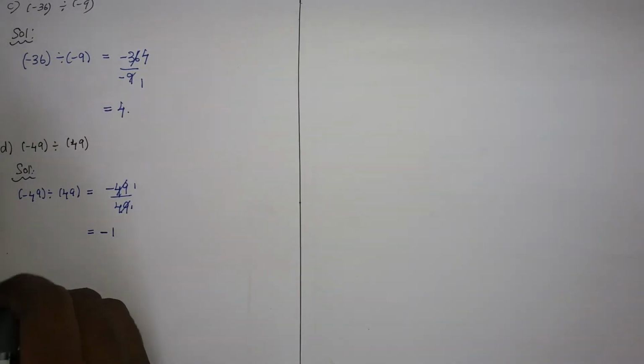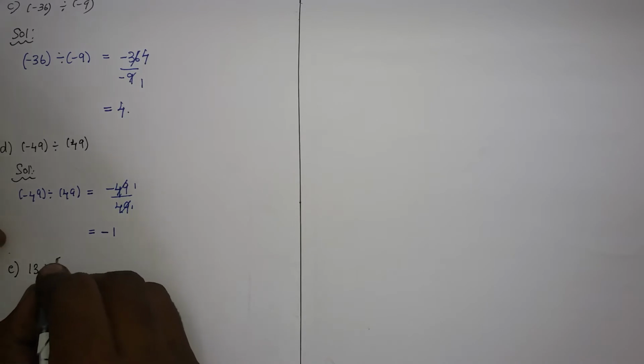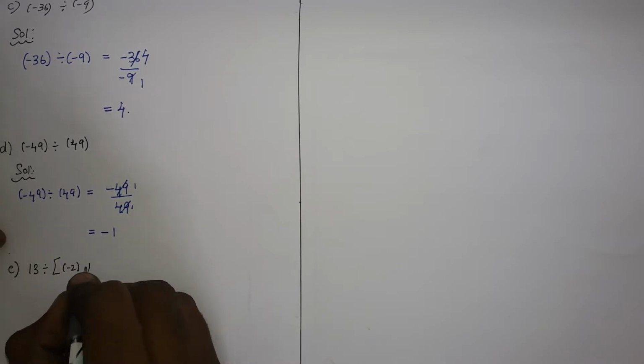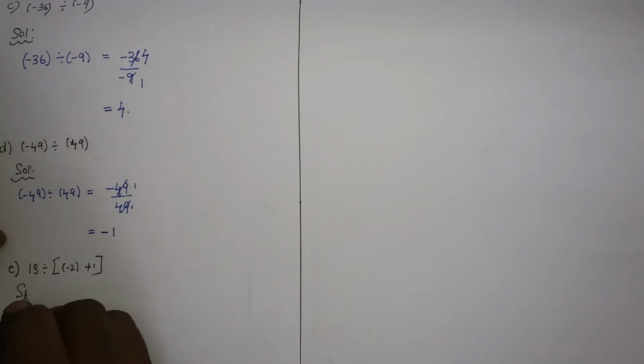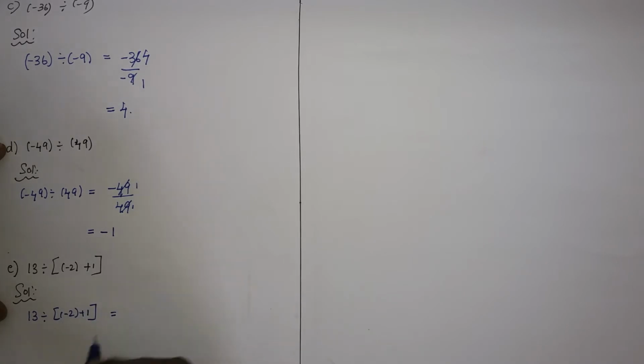Okay, we move to the next sum, that is the E sum. My E sum will be 13 divided by minus 2 plus 1. So here my solution will be 13 divided by minus 2 plus 1. I am going to solve the first bracket part, that is minus 2 plus 1, right?